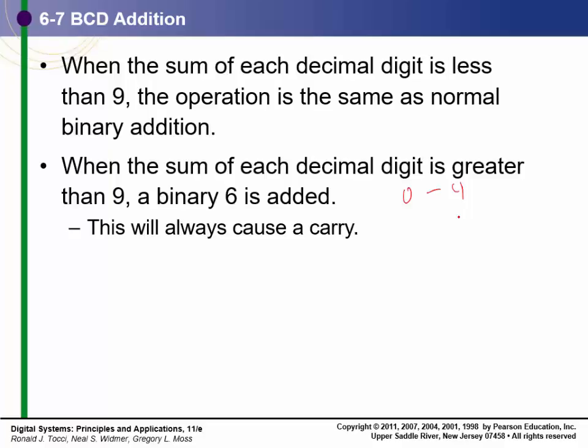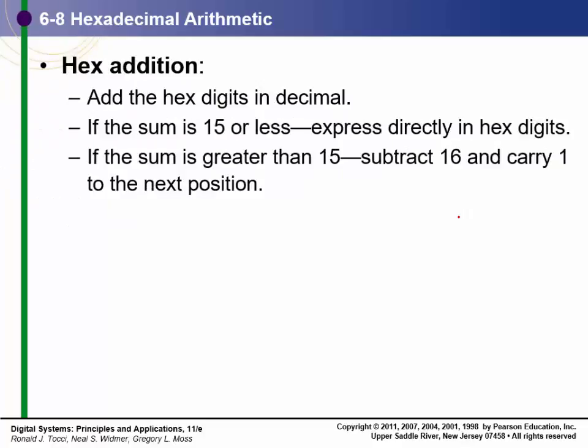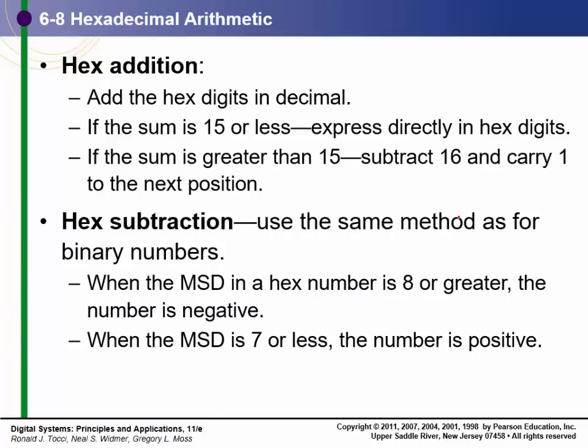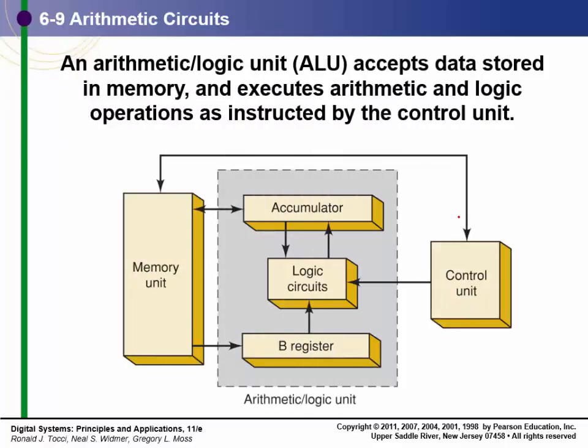What we would normally do is add a 6, and if we have a carry out, we have to add the 6 as well. Hex additions we've done already. So we've gone through all these various ones. The only thing we really didn't get into much was the negative numbers. That's really what I had to come back and pick up, along with subtraction.